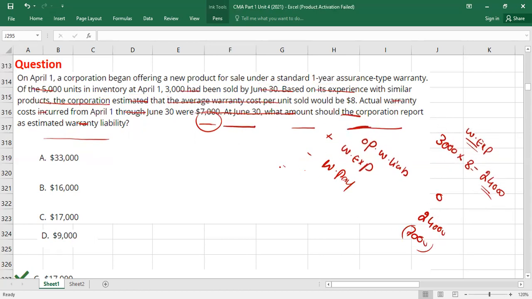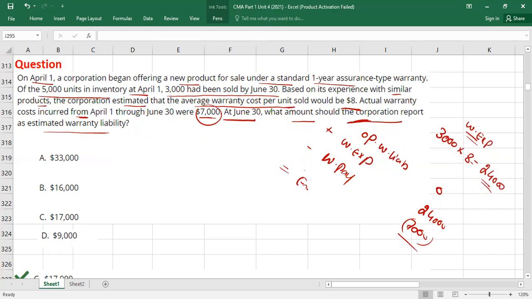So then this will be your ending warranty liability at June 30: 17,000. So these kinds of questions will be tested, guys. Okay, I hope you got the idea about the questions. Clear?